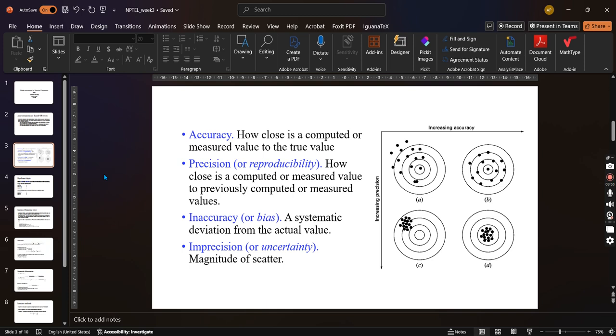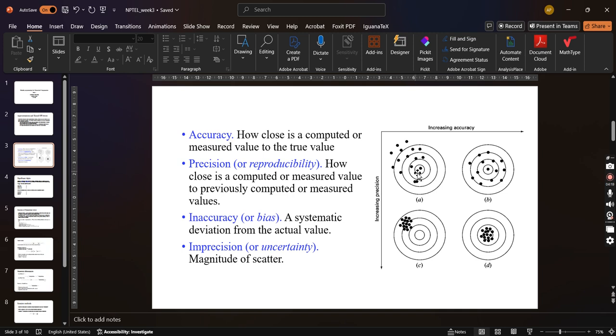So first, let us differentiate between accuracy and precision. So you can see this graph over here. On the y-axis we have increasing precision, and on the x-axis we have increasing accuracy. Most of you must have seen this graph during your 12th class or first year of engineering. So the first one is where we have the least accuracy and least precision.